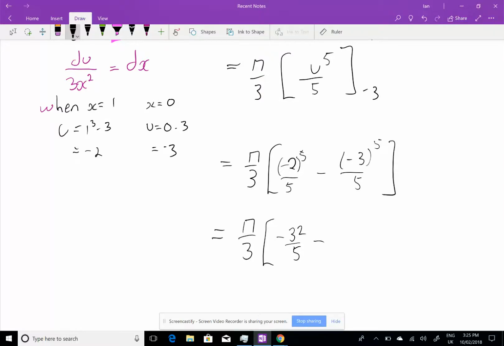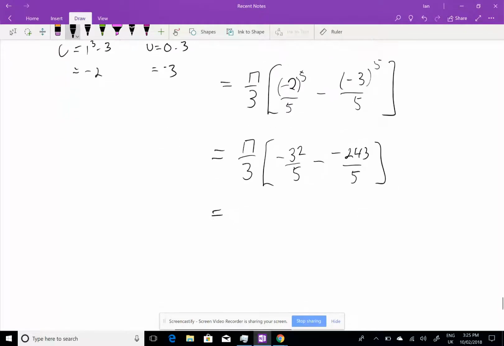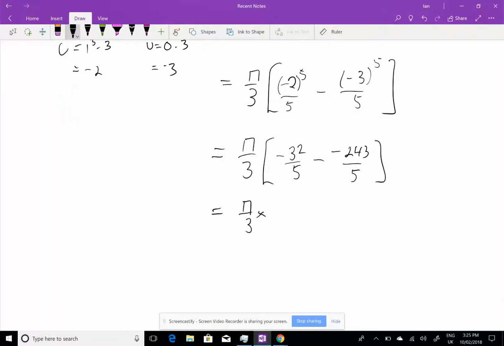I know 3 to the 4 is 81, so 3 to the power of 5 is 243, minus 243 on 5, plus 32 is, minus 32, 211, which gives me pi on 3 times 211 on 5, which gives me 211 pi on 15 units cubed, which is the right answer. Hooray!